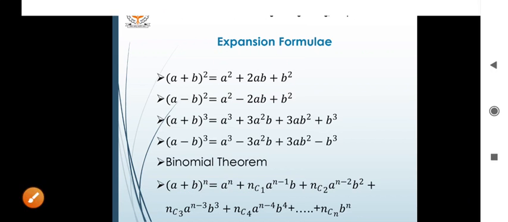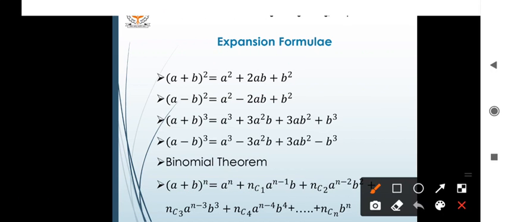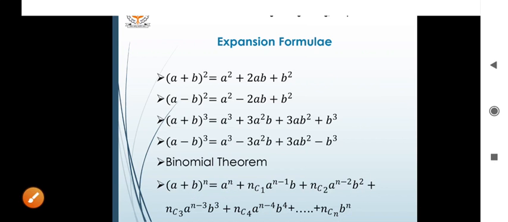Here one thing is observable, that the degree of the first term a reduces from n to 0. At the same time, the degree of the second term b increases from 0 to n, and this applies to all these four formulae which we are using very frequently in the subject mathematics.